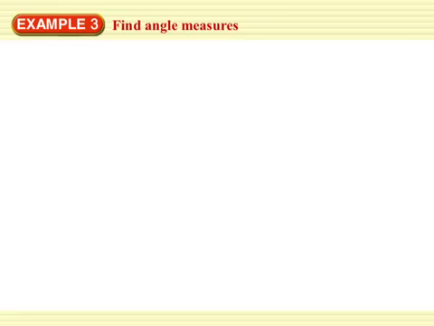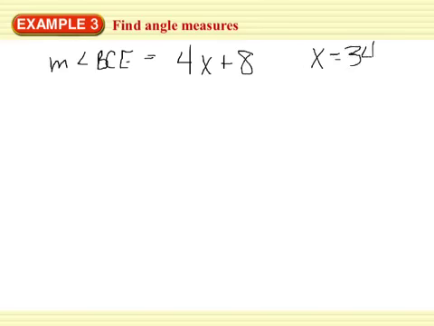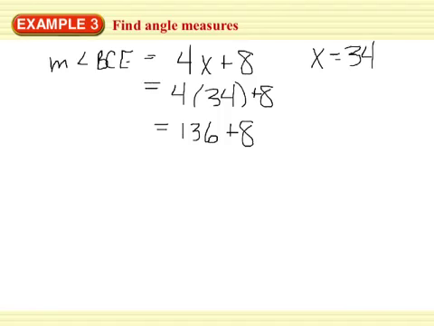Okay, we know that the measure of angle BCE was 4x plus 8. X was 34. Substitute 4 times 34 plus 8. 4 times 34 is 136, plus 8 is 144 degrees.